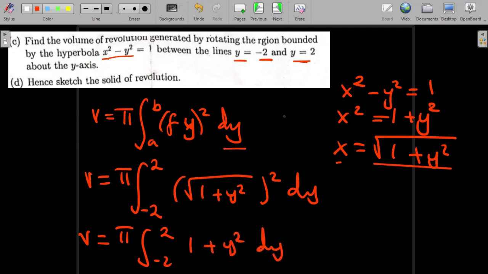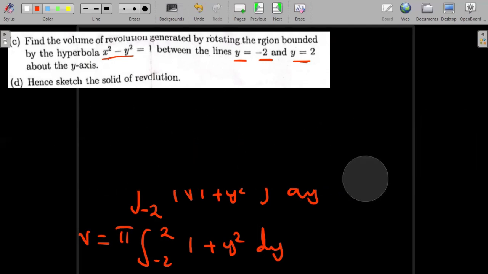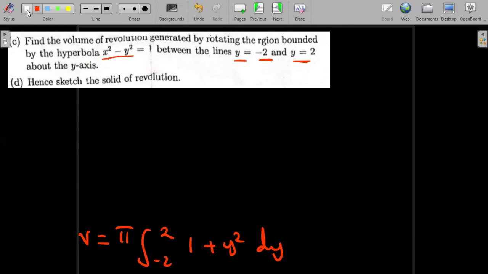Then at this stage, we are just going to integrate this with respect to y. So this is going to give us volume equal to pi, then you have negative 2 to 2.